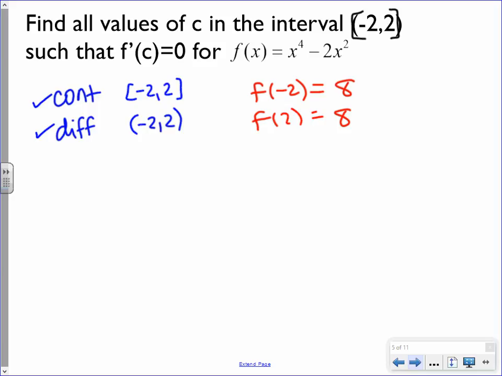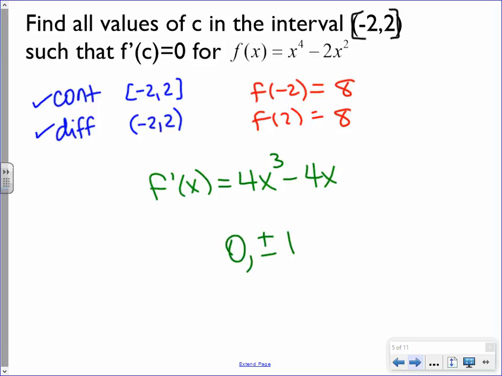So Sammy, what'd you get for your derivative? 4x squared minus 4x. And so what are the values that make our derivative 0? I got 0 and positive. Thumbs up or thumbs down, do you agree with Sammy's values?